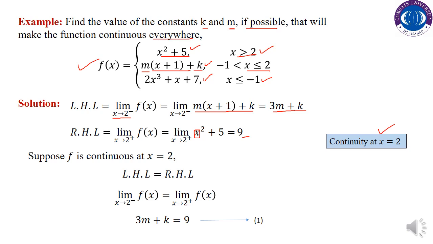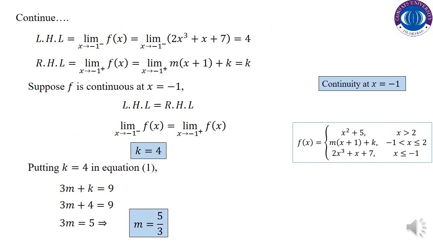So by equating these two limits, we have the equation 3m plus k is equal to 9. We will name this equation as 1. Now we will discuss the continuity at x is equal to -1 for the given function.